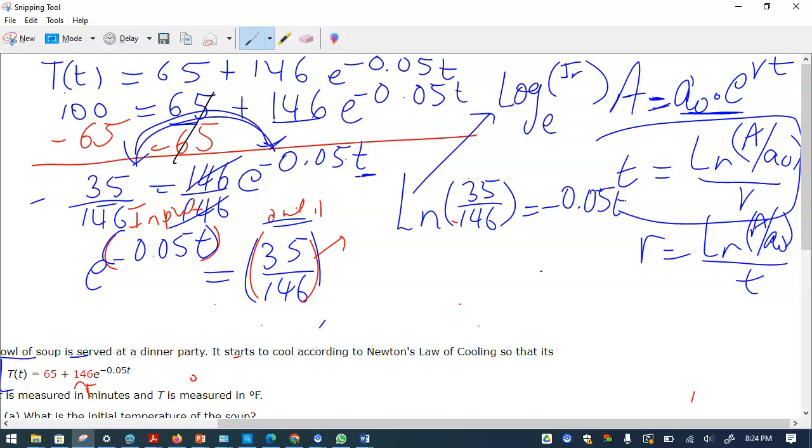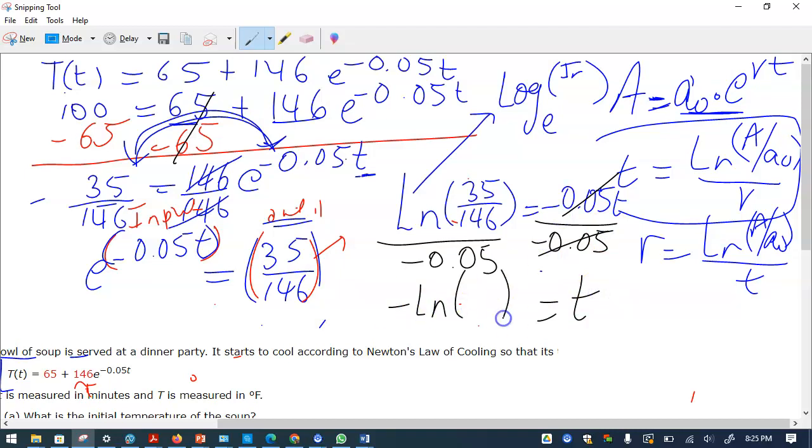Okay, and then you divide by minus 0.05 and minus 0.05. So we can cross out this, and you get t equals minus ln of 35 over 146, divided by 0.05. Okay, I want to make sure we are writing this correct. And this is what you plug in the calculator, and we should get the answer.